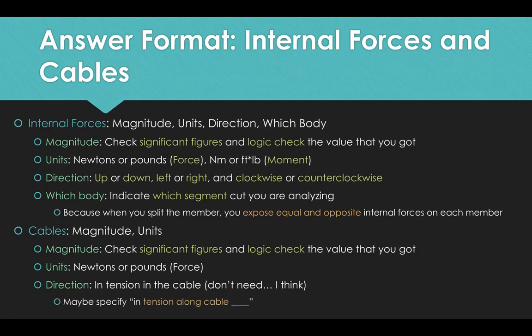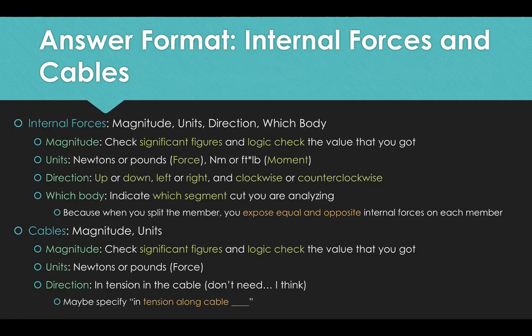So I would say something like: tension in AB is 750 newtons along cable AB. You know what I mean? Specify it, but they're not going to take off points, because it's not necessarily redundant. There is no case where you would have to specify it for cables.